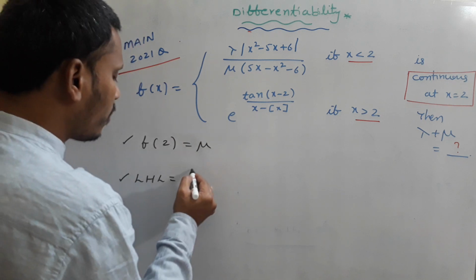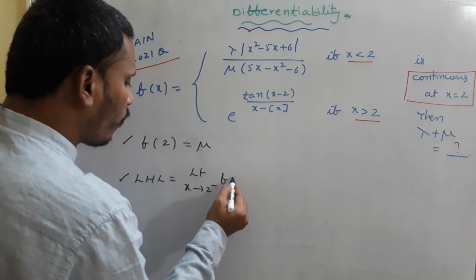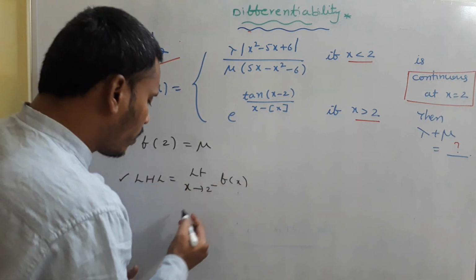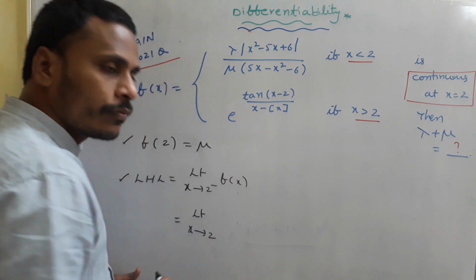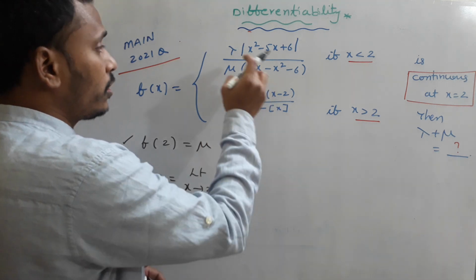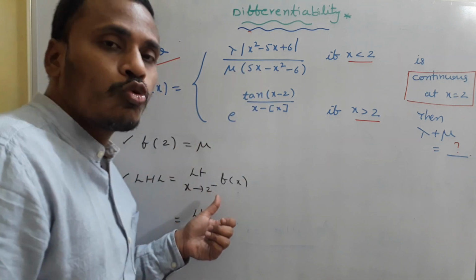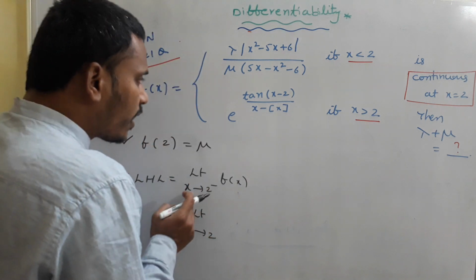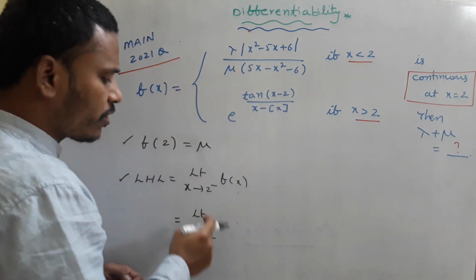Left hand limit is nothing but limit x tending to 2 minus f of x. This is nothing but limit x tending to 2, use this particular definition. Since I am discussing left hand limit, x tending to 2 minus in the sense x is less than 2. Since x is less than 2, use this definition of f of x here.